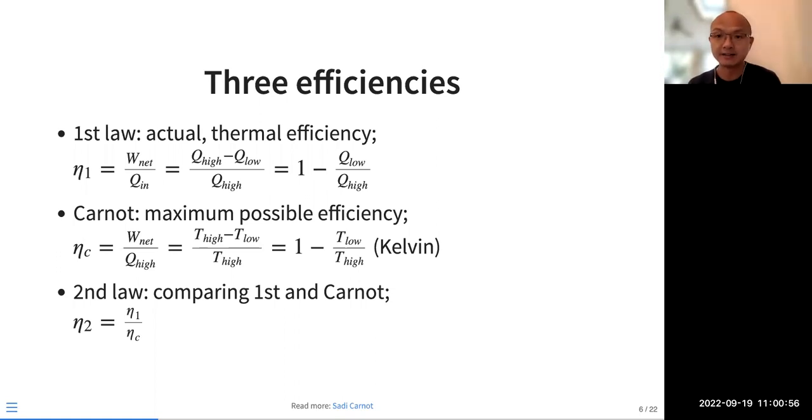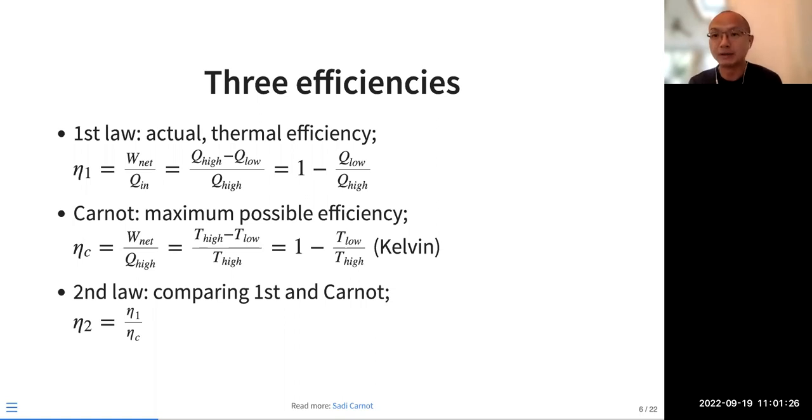So the higher the low temperature, the lower the Carnot efficiency. So if climate change increases the ambient or environmental temperature, then the thermodynamic efficiency of a thermal plant would come down. So that has an impact on the power plant efficiency.